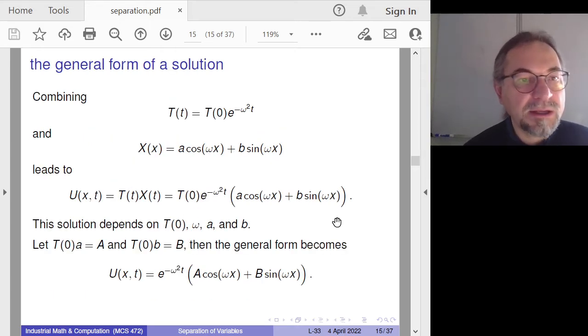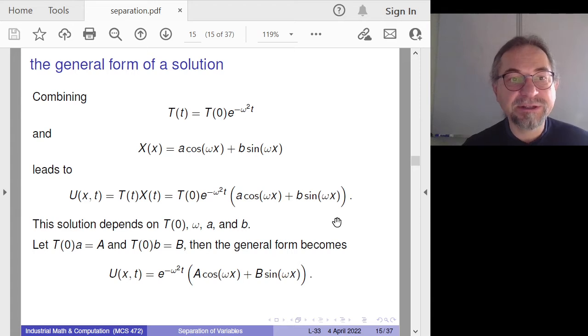All right. So what do we have? We have solved two decoupled ordinary differential equations. Let's put them together now. We have three parameters, little a, little b, and omega.